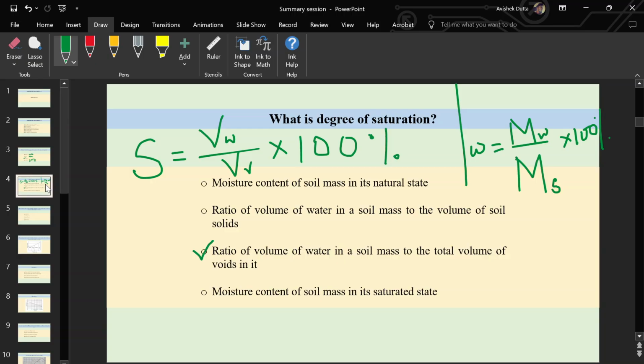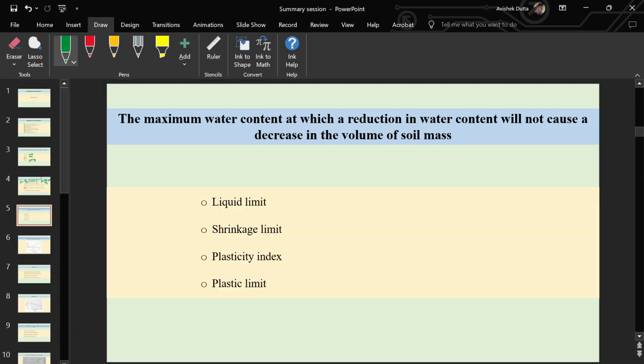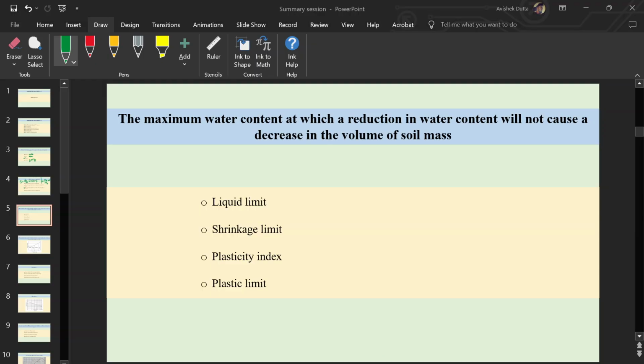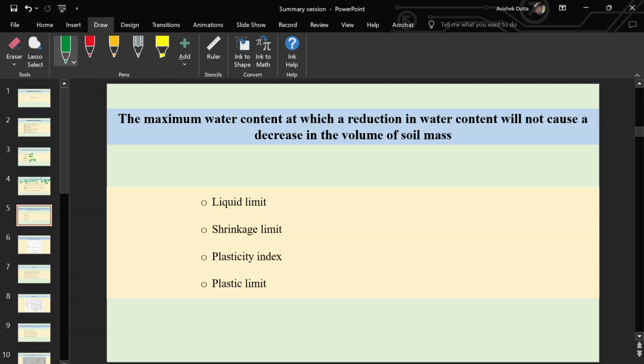Okay. Next question. The maximum water content at which a reduction in water content will not cause a decrease in the volume of soil mass. What is the answer? I believe you have given answer A or B. Let Dheeraj speak now. Let him give some answer. Dheeraj, if you are there, you can tell me the answer of this question.